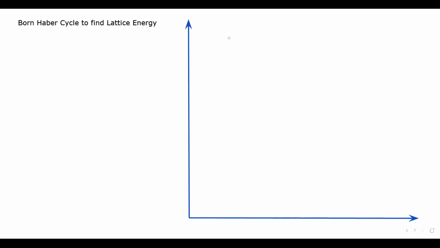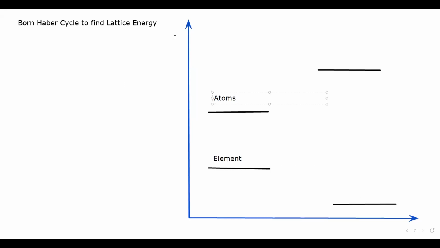Four labels you have to learn: element, atoms, ions, and compound.